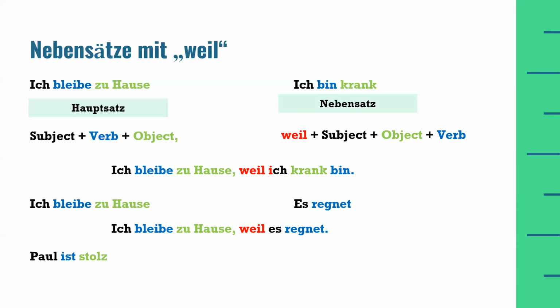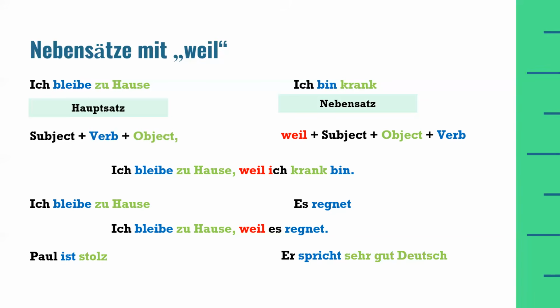Let's have another example. Paul ist stolz. Paul is proud. Er spricht sehr gut Deutsch. Now, again, in the first sentence, we have one statement that Paul is proud. And in the second sentence, we have the reason why Paul is proud.